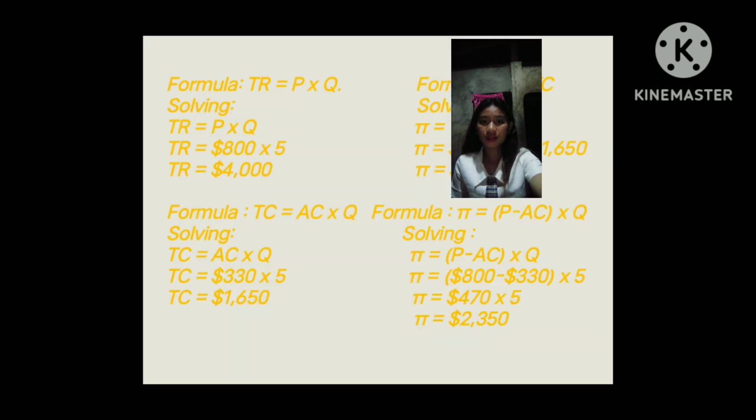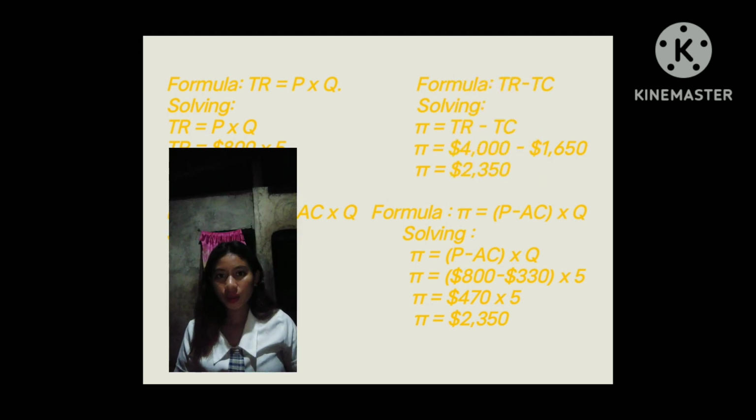Profit, which in economics is often denoted as pi instead of P because P denotes price, is equal to price minus the average cost, times quantity.